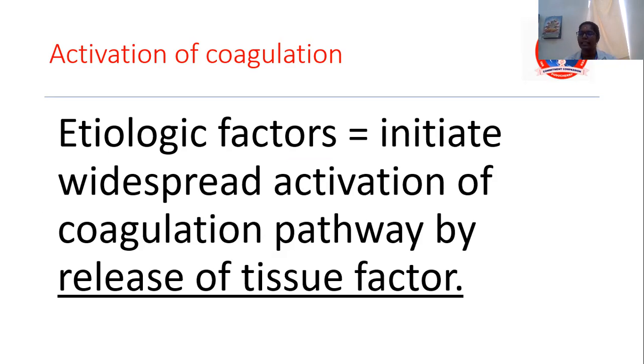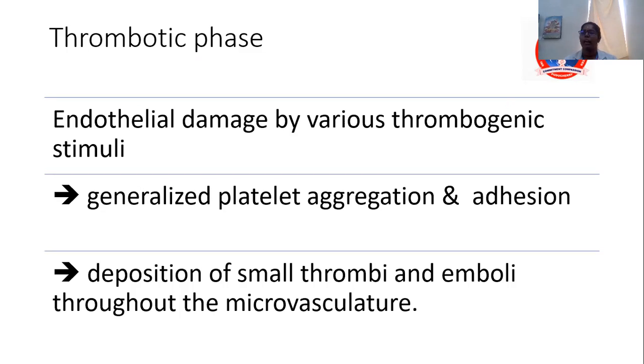As I told previously, there are various etiological factors. These etiological factors will initiate the coagulation pathways, mainly by the release of tissue factor, that is factor 7, which gets activated, followed by the thrombotic phase. In the thrombotic phase, various etiological factors can cause endothelial damage through thrombogenic stimuli.